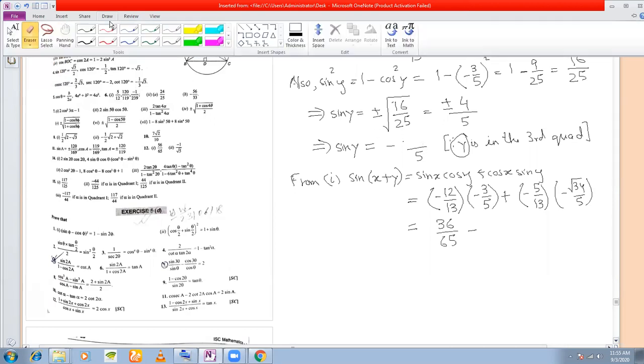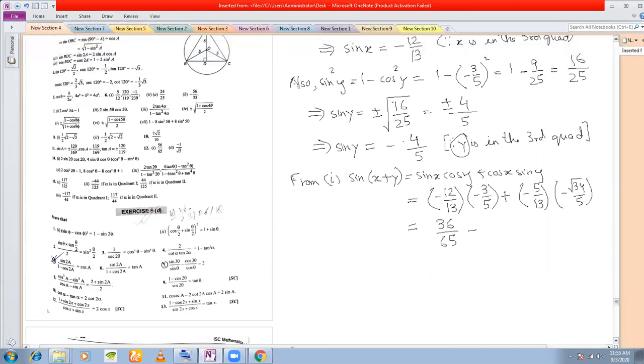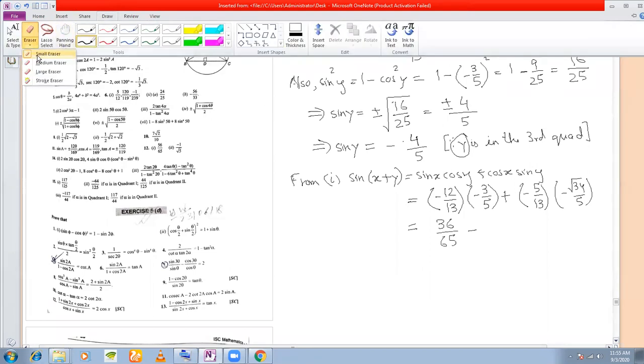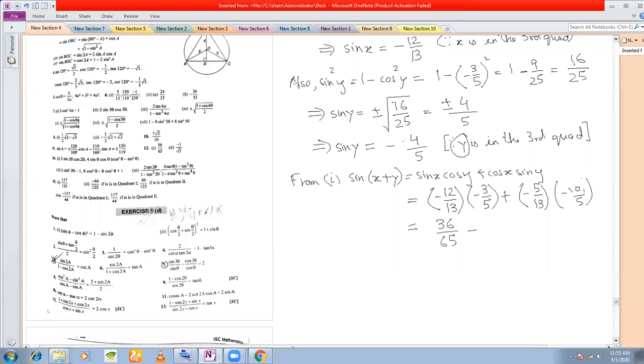So this becomes simply minus 4 by 5. We change here accordingly. So this becomes plus 20 by 65. If you add this, this becomes 56 by 65. This is your answer. Sin of x plus y is 56 by 65.